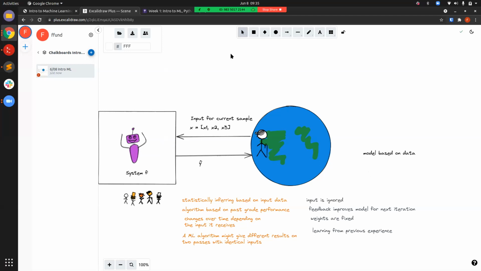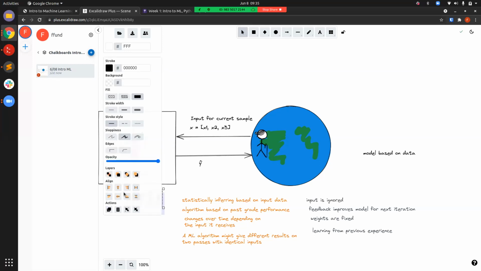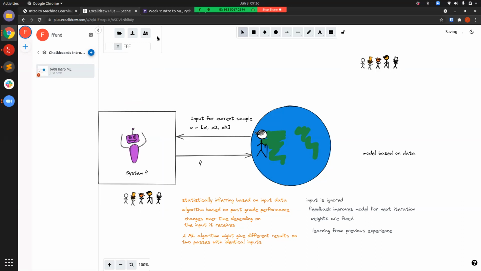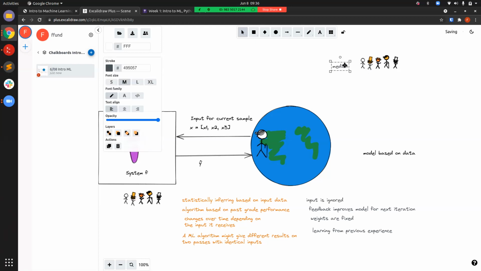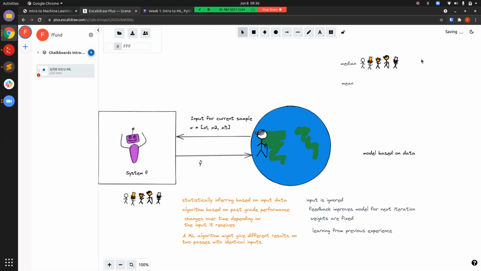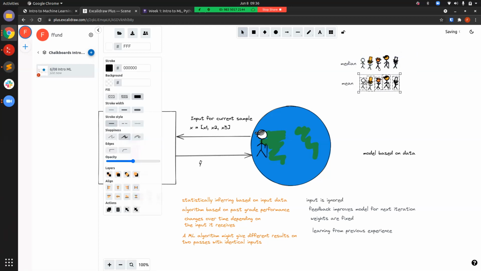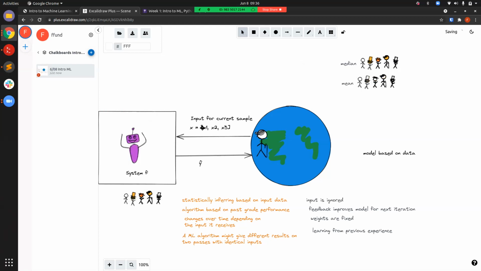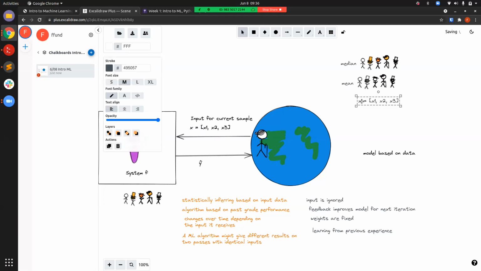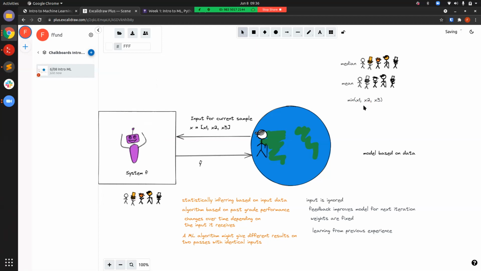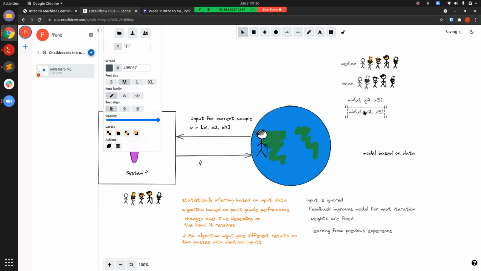So in these 4 systems we just described, let's mention them here. So we had a median, we had a mean, then we had a min, and then we had a weighted sum.